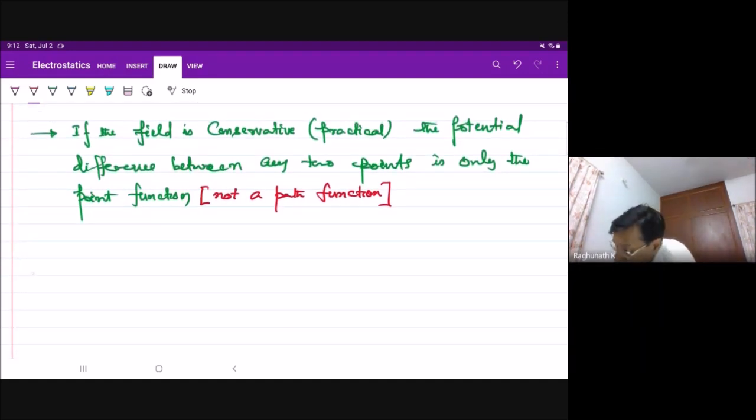The potential, yesterday we discussed it, today we are just consolidating it.